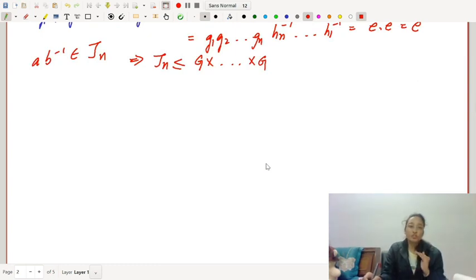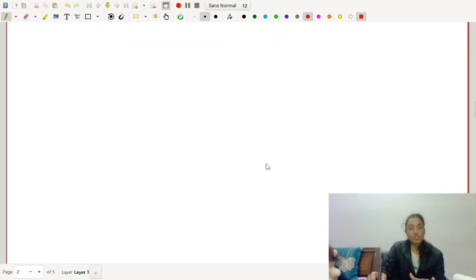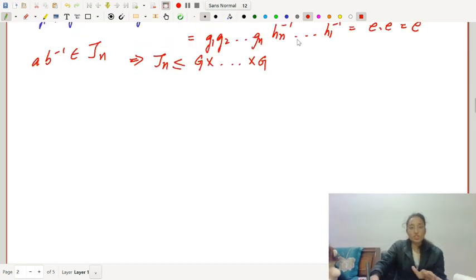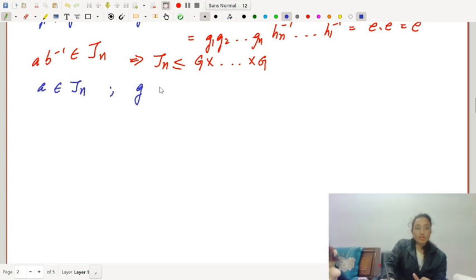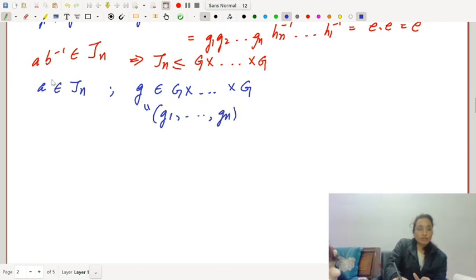It would be, because we know that the center of G is a normal subgroup. Now let's just check what its condition is. If a belongs to Zn and g belongs to G cross up to G, that is g equals (g1, ..., gn), and let b be (h1, ..., hn). Now we have to show whether g b g inverse belongs to Zn or not.